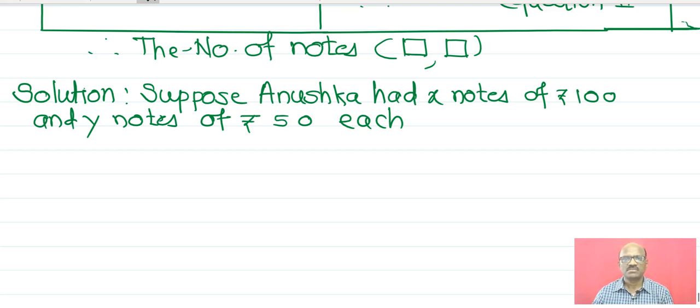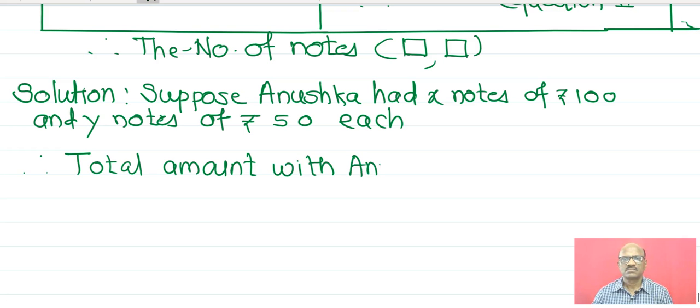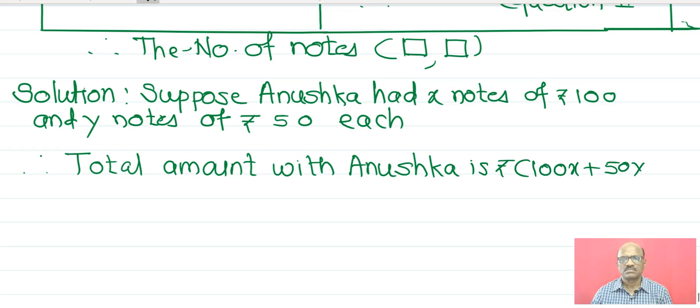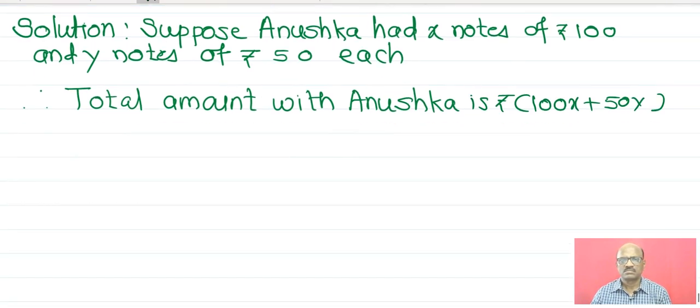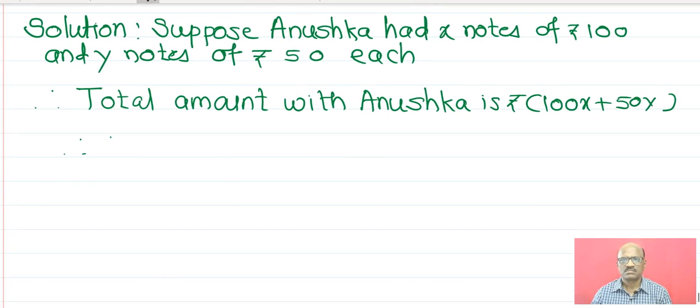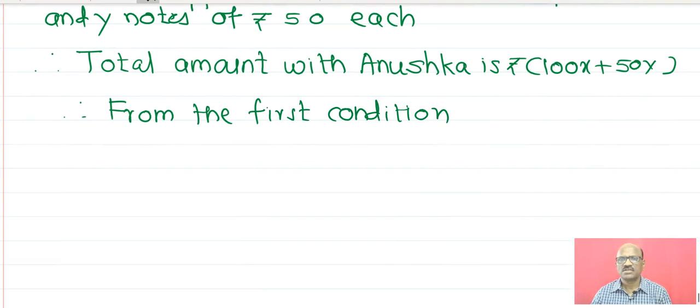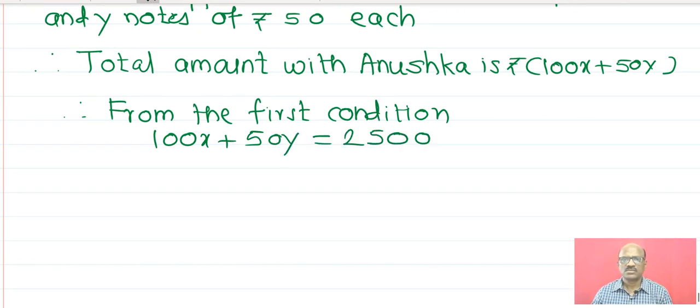Therefore, 100x plus 50y, therefore from the first condition, 100x plus 50y is equal to 2500.